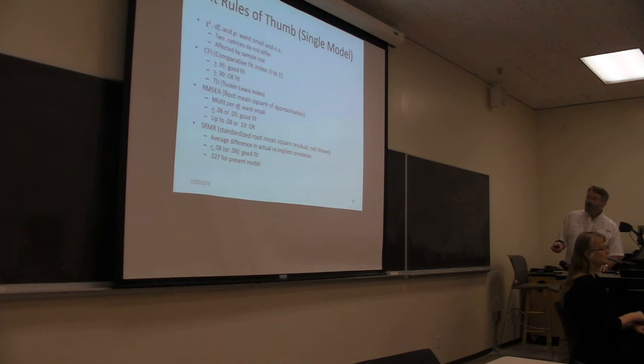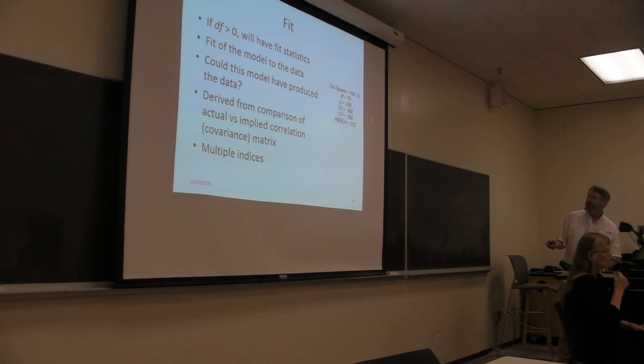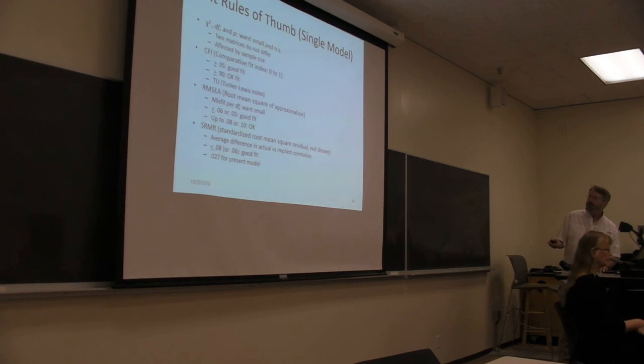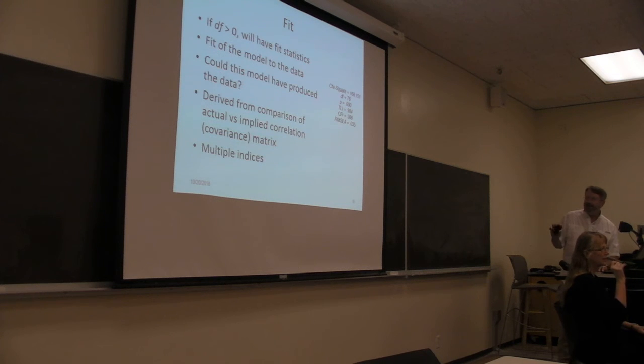The chi-square is interesting in that everyone will report it, but few people will pay attention to it. The chi-square can actually be tested for statistical significance. And as I said, degrees of freedom don't have anything to do with sample size with structural equation models.